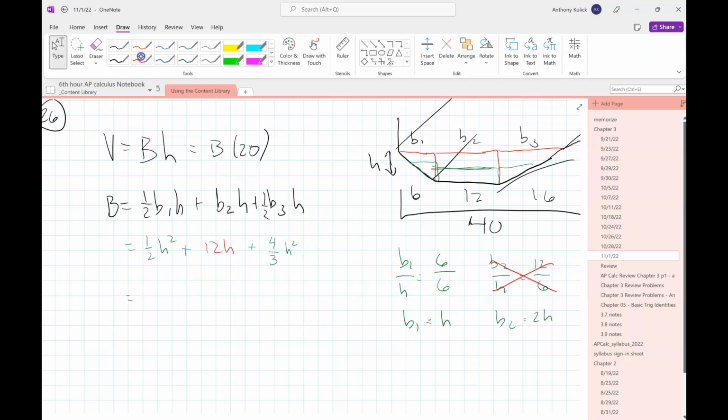So let's do this again. So again, this is 3/6. This is 72/6. And then this one will be 8/6. So that should be 83/6.